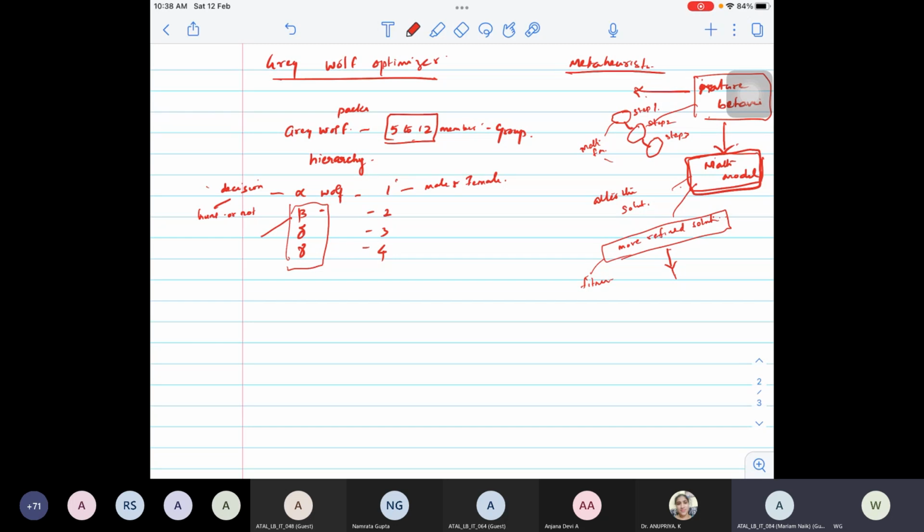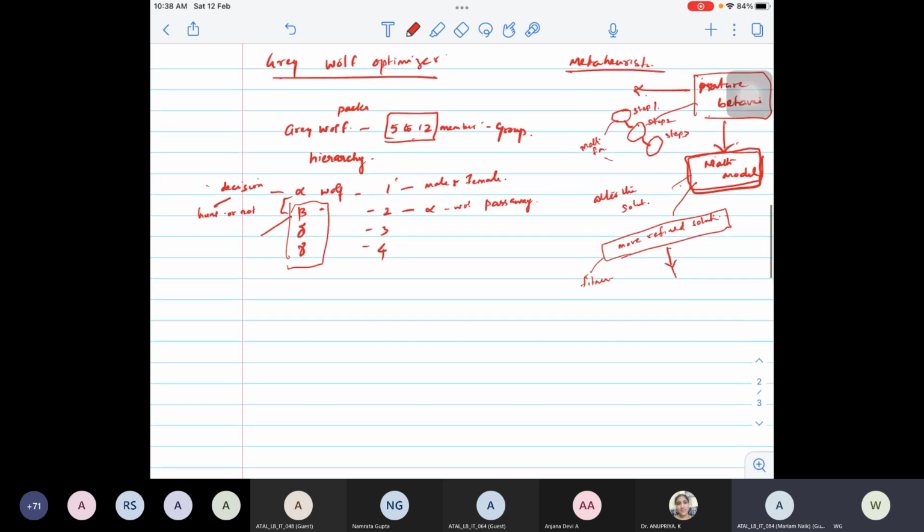These will be the best candidates to become the alpha wolves if the alpha wolves pass away or are very old. They also give feedback to the alpha wolves. That is their function.